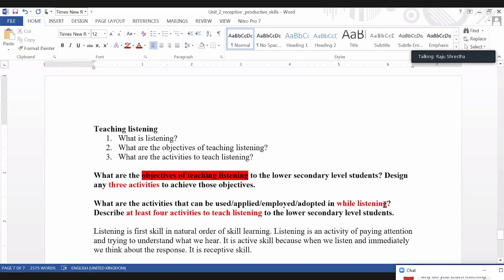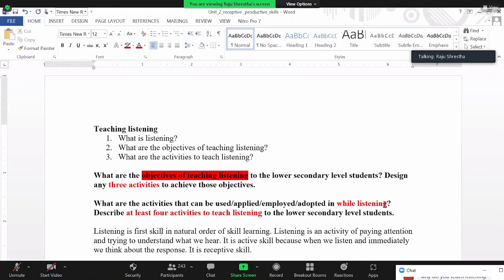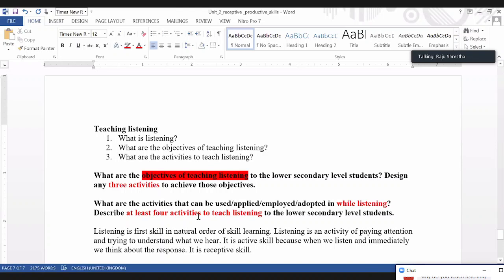And describe at least 4 activity to teach listening means what we can talk about pre, we can talk about while, we can talk about post, or all 4 activities from while listening पनि गर्न सकिन्छ. So it doesn't matter, but you have to understand that यहाँ चाहिँ talking about all, we can talk activity from all 3 stages.